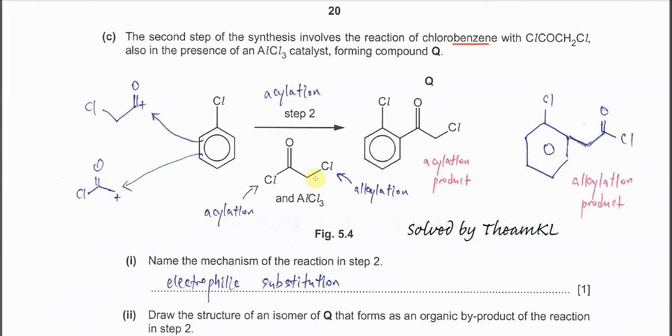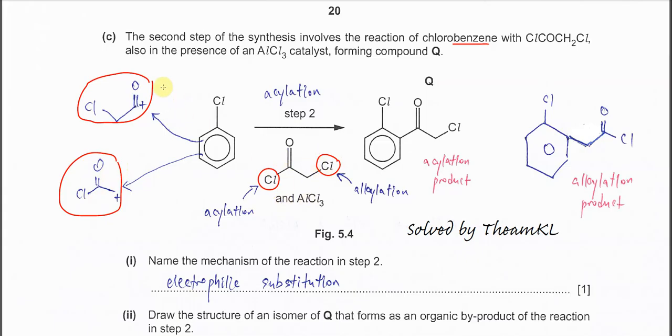It can form two different electrophiles when we use the AlCl3 catalyst. If you react this part with the catalyst, it will form this acylium ion, or this part will react with the catalyst to form this alkylium ion. So two possible electrophiles can be formed from this compound with the catalyst, right?